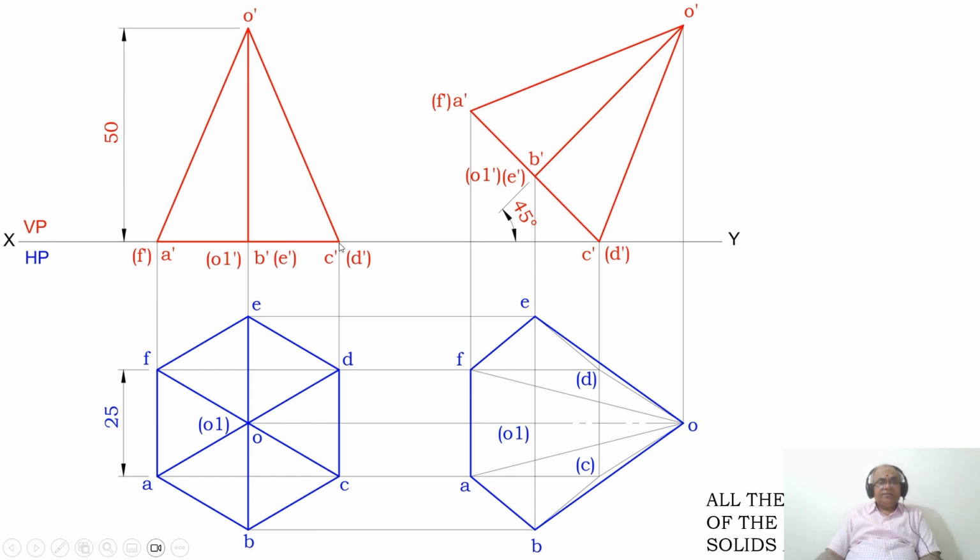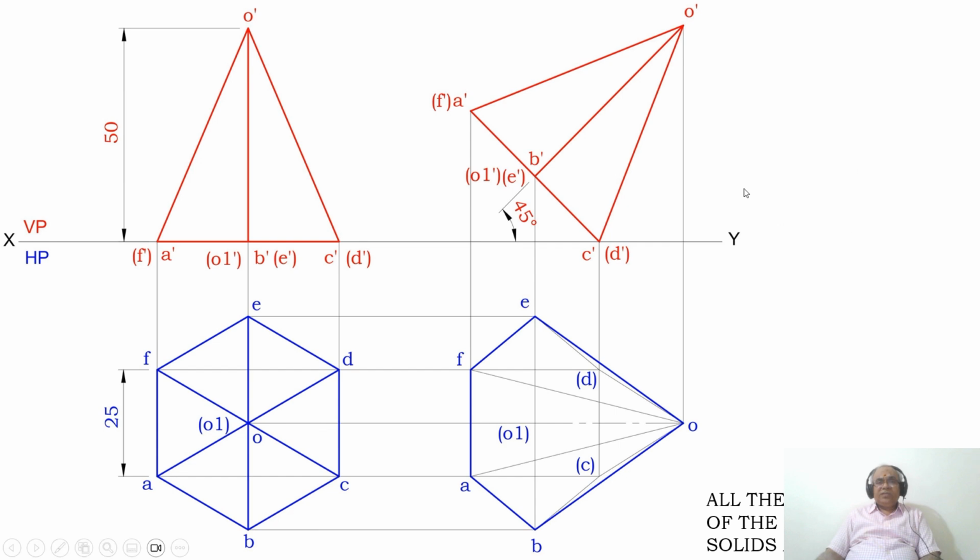Then you measure the distance from C dash to A dash. From C dash you cut an arc on this and you mark that point as A dash and F dash in bracket. Then similarly you measure the distance from C dash to B dash, and from C dash you cut an arc on that 45 degree line.